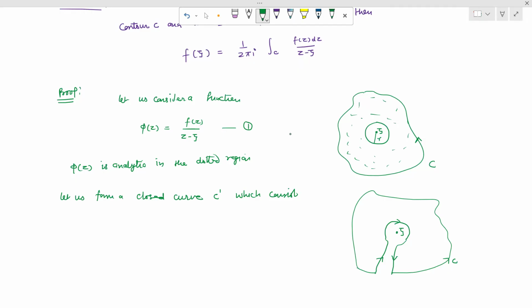So this is the C_r, that means we take inside the curve C_r. Now C dash, this is the point A, here is the point B.